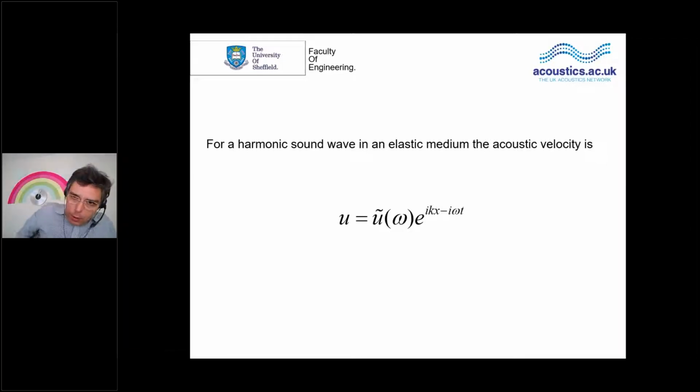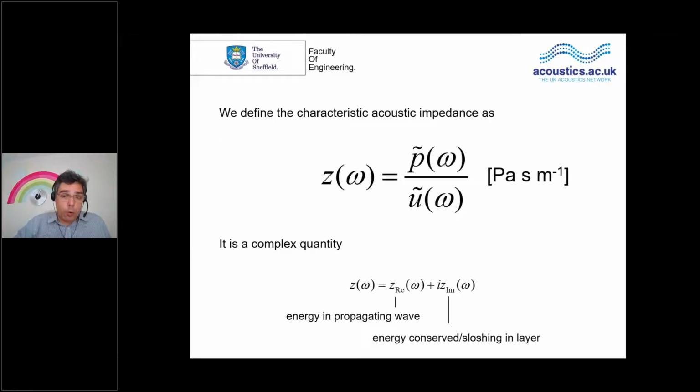Okay, so why do I tell you all about this? Actually, it is because we use these quantities, P and U, to define something which is very useful for acoustics of porous media. And this quantity is called characteristic acoustic impedance. When I talk about a quantity with a little tilde, I say this is a spectral amplitude. So basically, if I take the spectral amplitude of the sound pressure and divide by the spectral amplitude of the particle acoustic velocity, then I get a quantity which is called acoustical impedance.